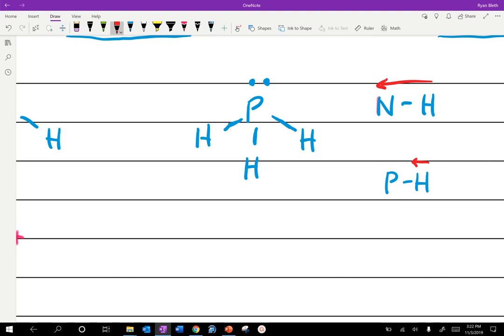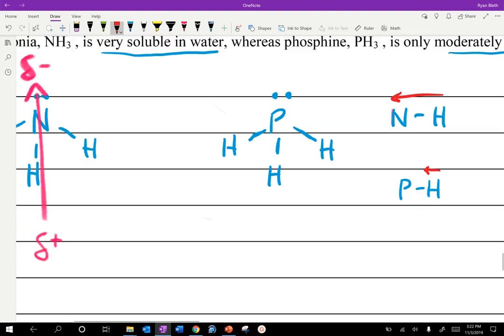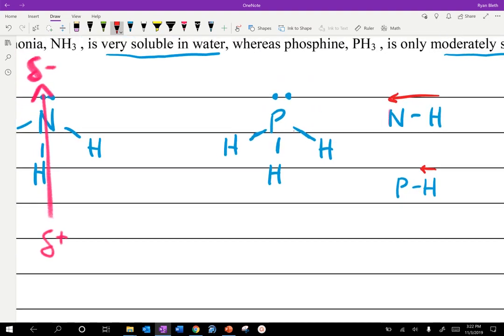And that means there's going to be a far weaker polarity within the PH3 molecule as well, because each of these little bonds would only be a small polarity, and the overall molecule would only have a small polarity. Now, if you have your number sheet with the actual electronegativities nearby, you'd actually find that phosphorus and hydrogen are practically identical when it comes to electronegativities. If your periodic table doesn't say they're exactly the same, it probably says they're almost exactly the same.